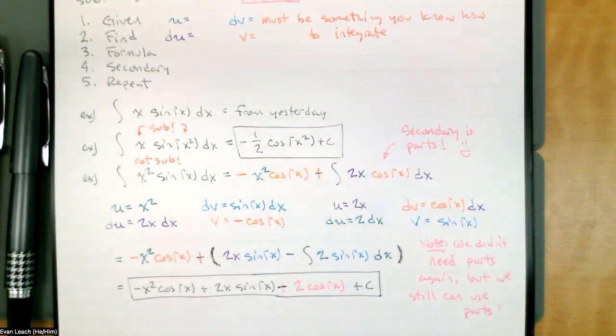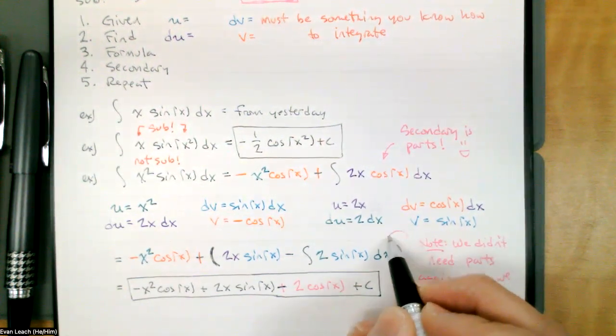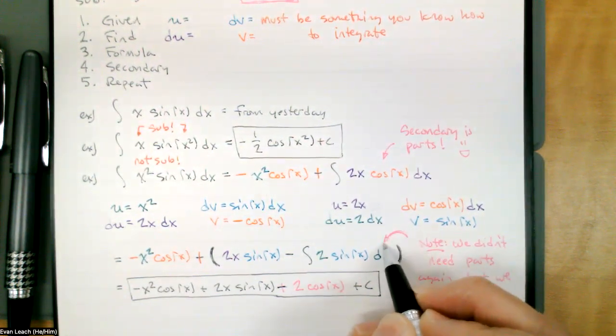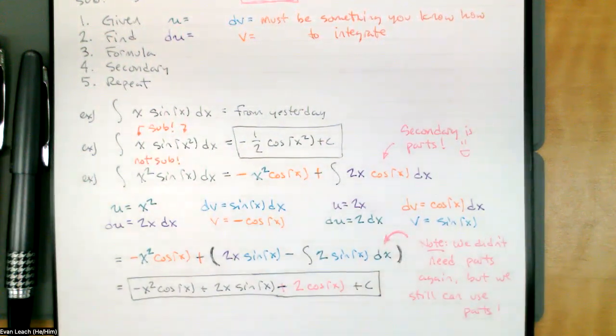In this case, our secondary integral, we didn't need to use parts again. But that doesn't mean that we can't use parts again. I have a reason for wanting to use parts again.